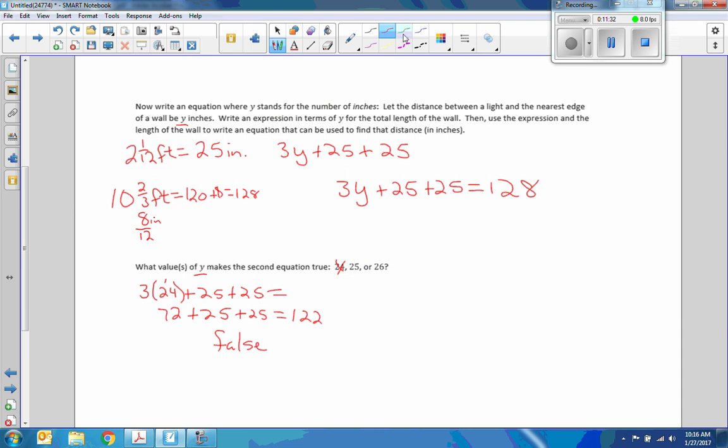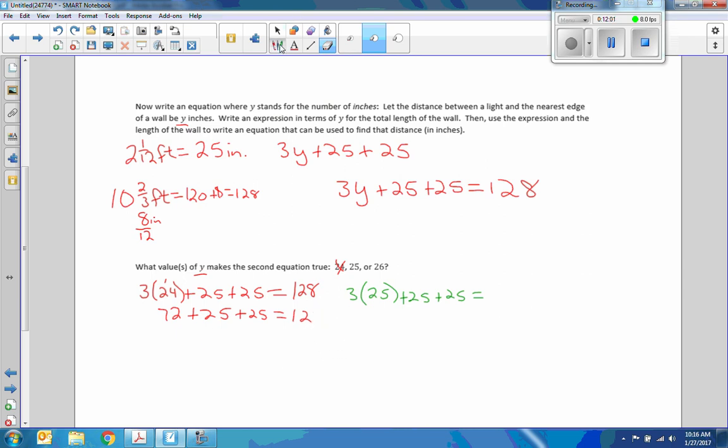Okay, now we're going to do it again. 3 times my y now is 25, plus 25 plus 25, let's see what that equals. Okay, and what we're trying to determine is if it equals this 128, so I should be writing 128 here. Okay, so let me rewrite this, so I'm showing my work properly.